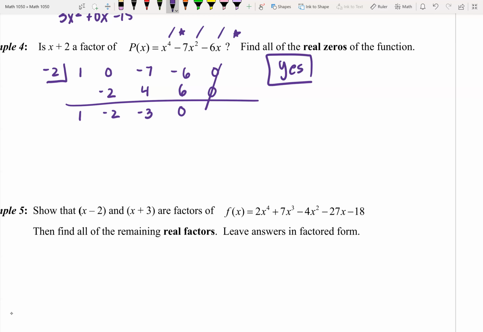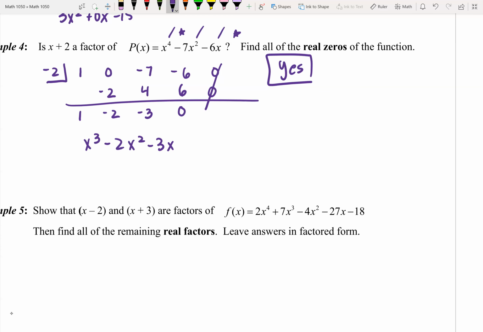Then the rest of the problem says find all of the real zeros. Okay, now watch this. This is a 4. I did this once, so this guy's a what, everybody? A third, right? 4 minus 1 is a 3. So it's going to be x to the third minus 2x to the second minus 3x. Now I could write plus 0, but does that do me any good?